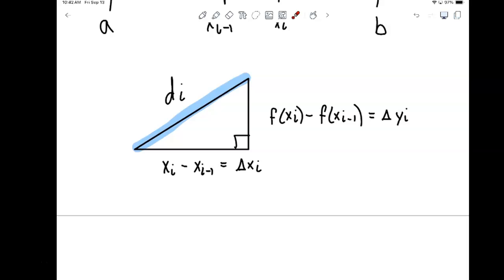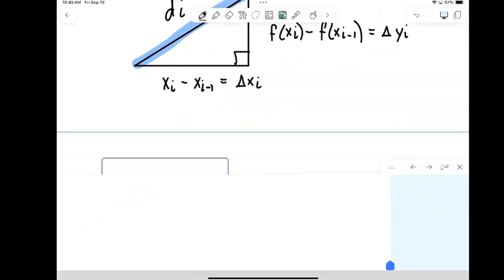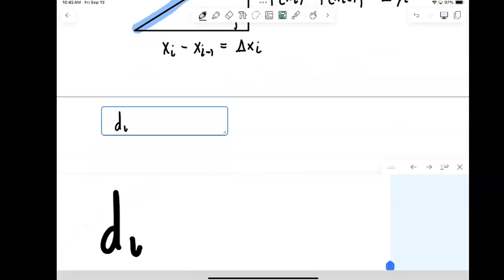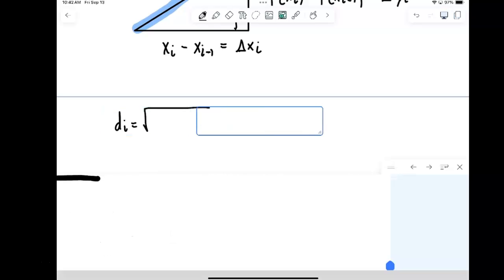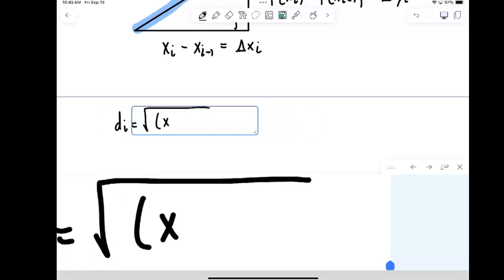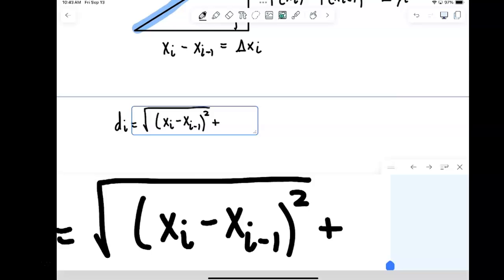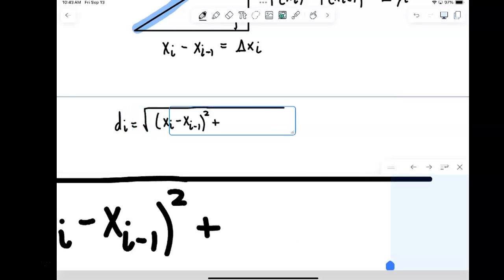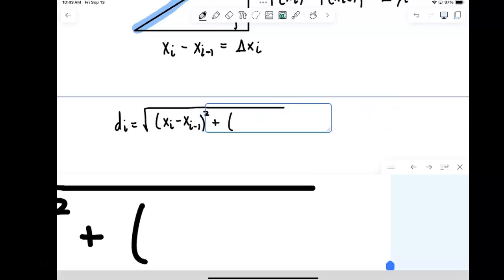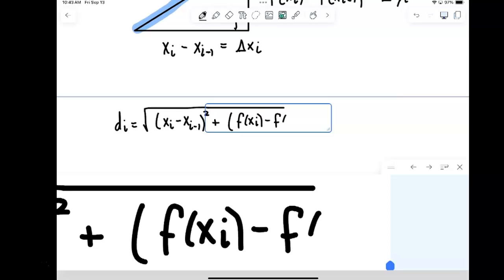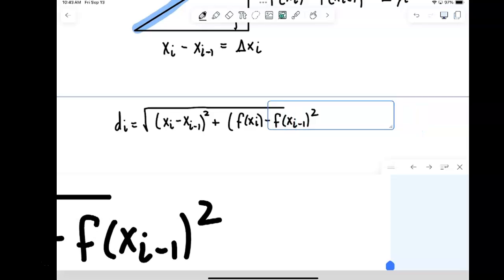And then we would notice that di from the distance formula is just that difference, xi minus xi minus 1 squared plus f of x sub i minus f of x sub i minus 1 squared.